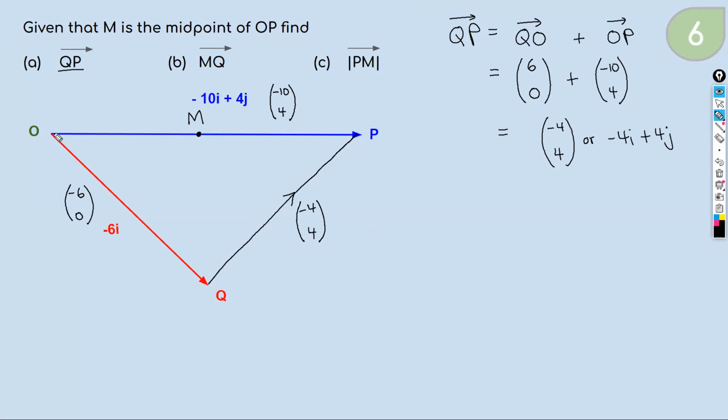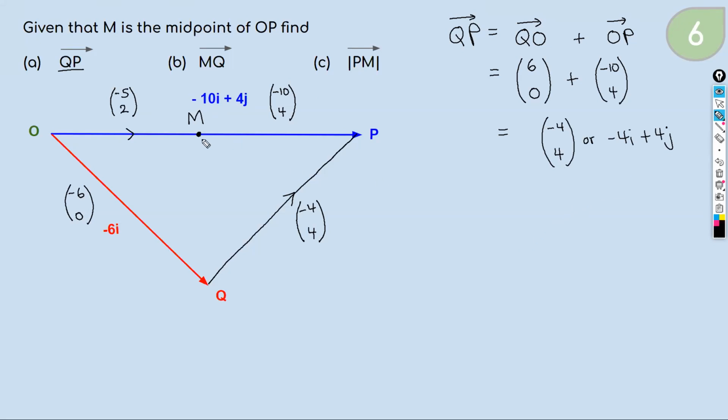So from O to M is not the entire value of the vector, right? So what's going to happen? You're going to have to divide everyone here by 2, but we're keeping the same direction. So from O to M, if we divide everyone here by 2, we're going to get minus 5 and 2, right?